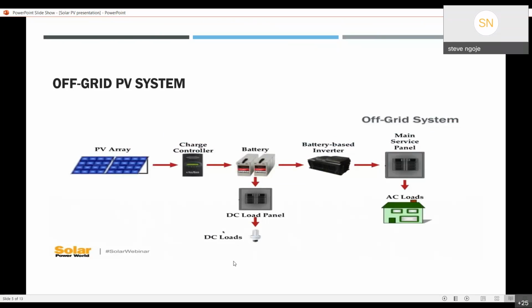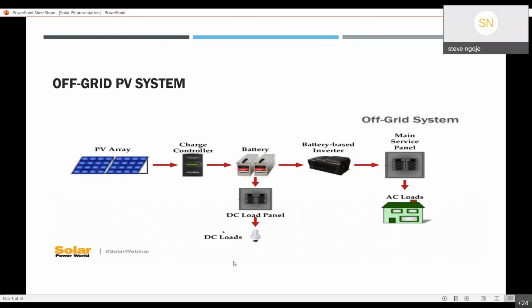In DC coupled, the batteries are being charged by DC power directly from the modules. Later on, there is an AC coupled system. In AC coupled system, the battery is being charged by AC power that is converted to DC using a battery inverter. So it's pretty much depending on what charges the battery.